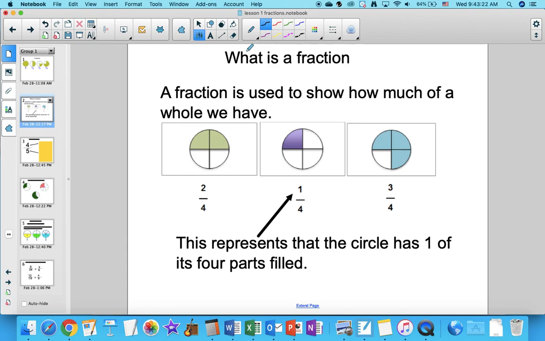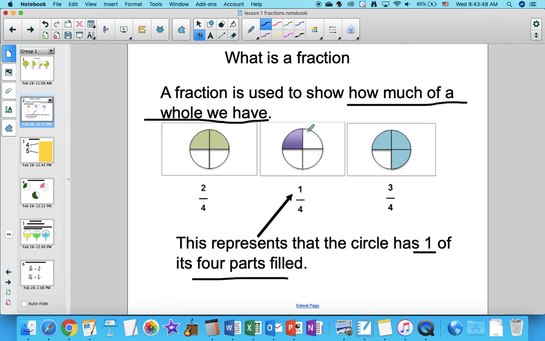A fraction is a number, or a series of numbers, that is used to show how much of a whole we have. For example, when we look at this middle picture, we would say that the amount colored in purple in this case is 1 out of 4. This is saying that the circle has one of its 4 parts filled, right?